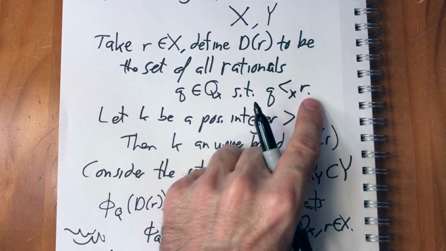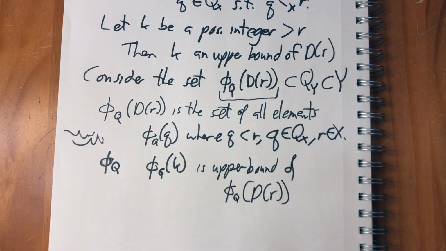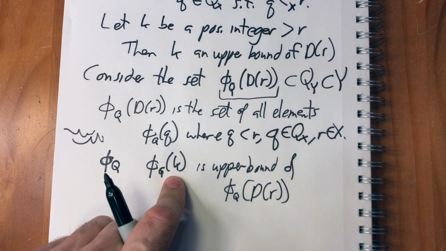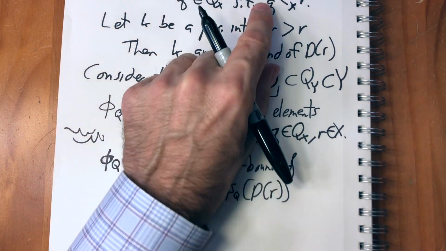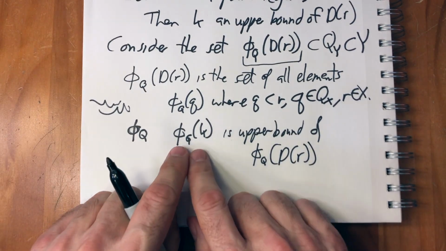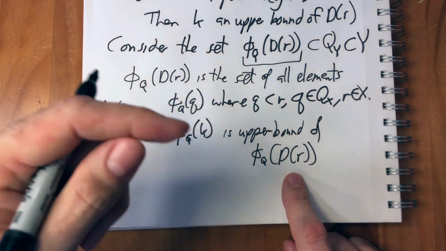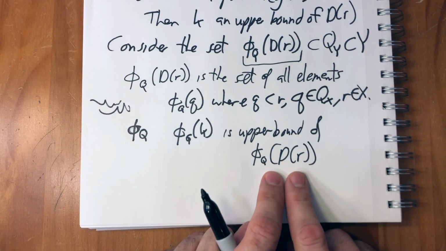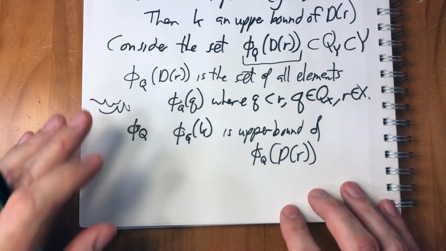Because dr was all the Q's less than R, and K was bigger than R. Because phi Q is order preserving, phi Q of K is going to have to be larger than every phi Q of Q, because every Q is less than every K. So if phi Q of K is an upper bound of this set, then because Y has the least upper bound property, we know that phi Q of dr has a least upper bound. So we've made progress already. We know we have a set in Y, and we know that it has a least upper bound.